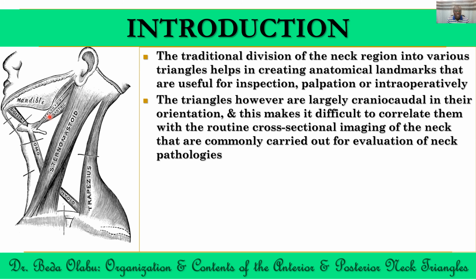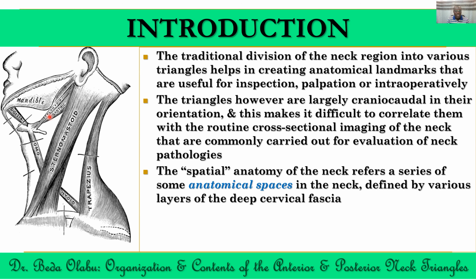So because the triangles have a craniocaudal orientation, but the images have a transverse orientation, they're a bit difficult to correlate. And it's because of this that we come up with the spatial anatomy of the neck.